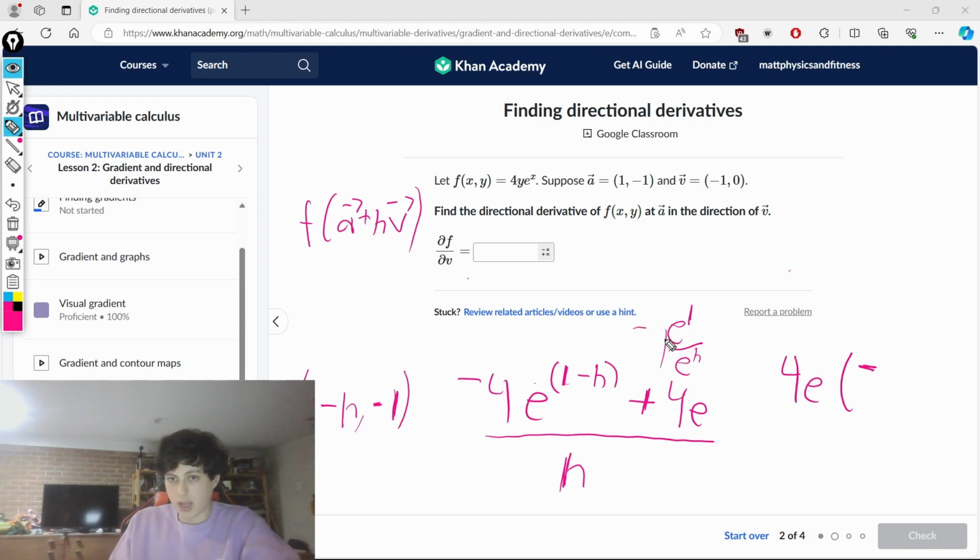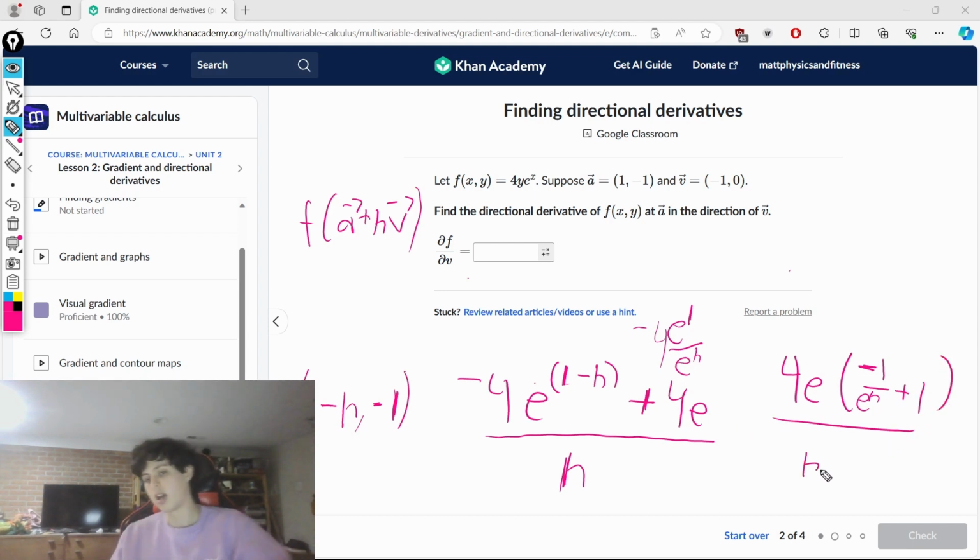Put a -4 on the outside. That e factors right out. We only factor the positive, so we're keeping that negative sign. -1 over e to the h plus 1. That's that for e. All over h. Oh, I just don't know.